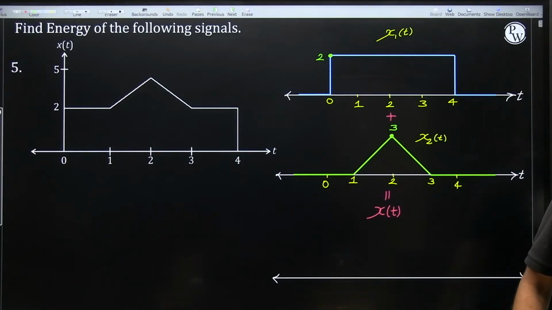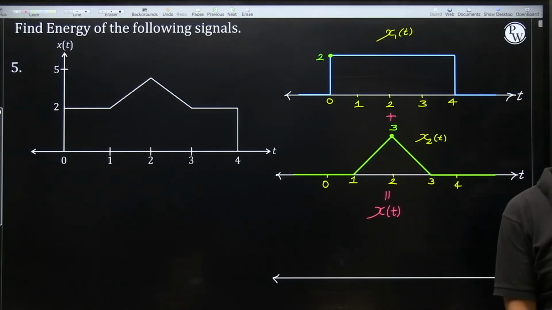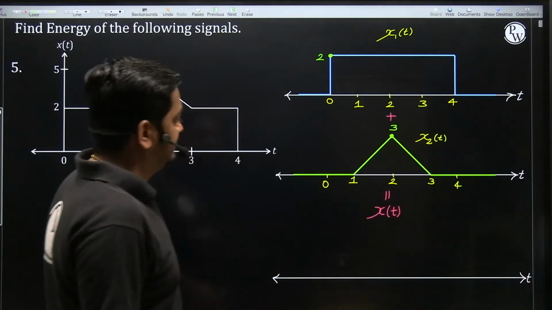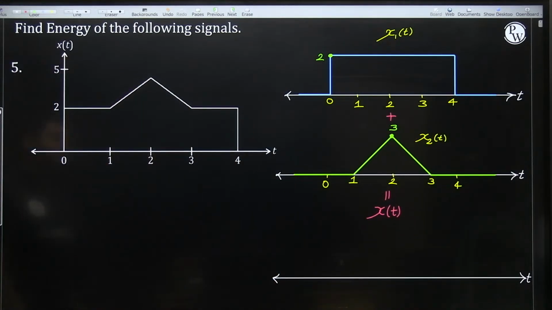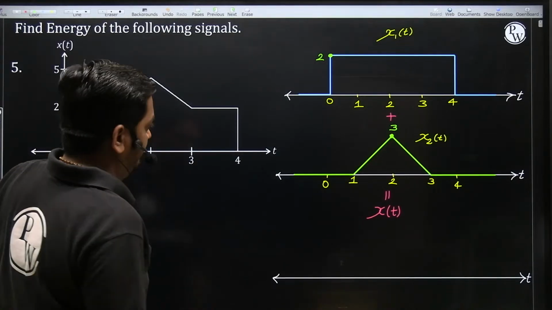Yes, you can check, guys. x1 plus x2 will be x of t. So x of t is made up of the addition of these two signals. Got it? Okay, very good.